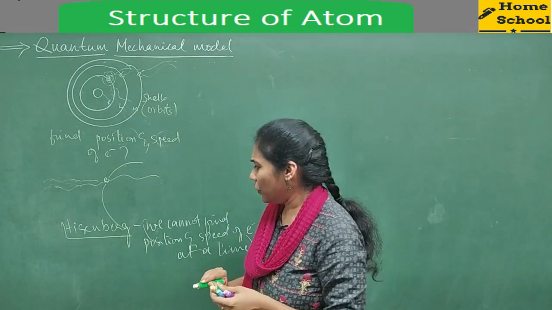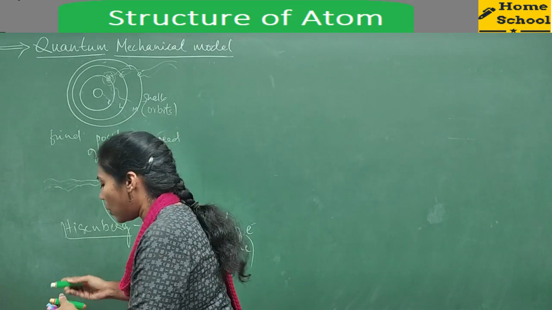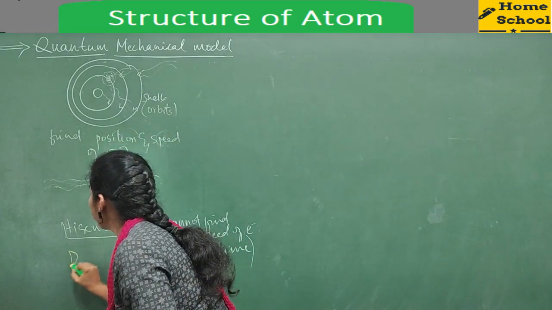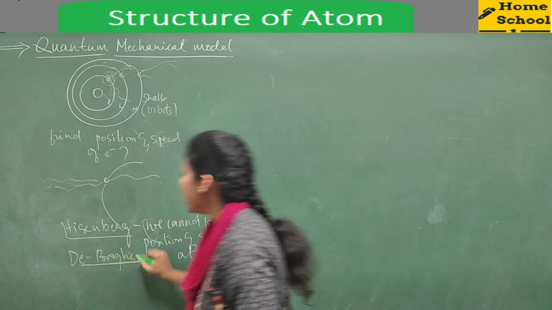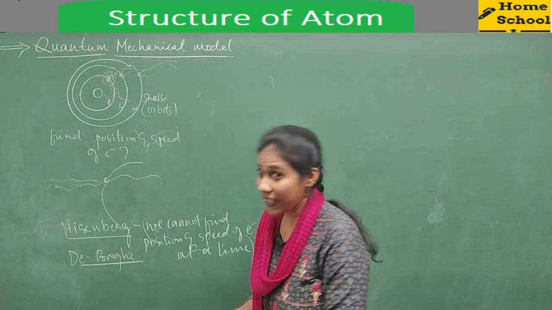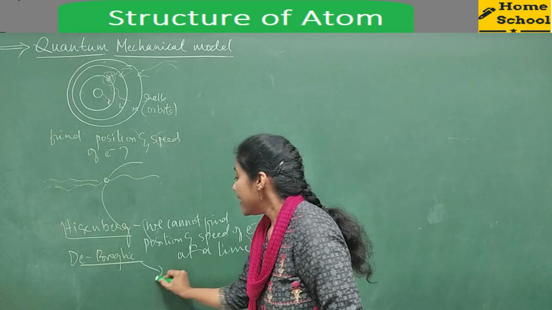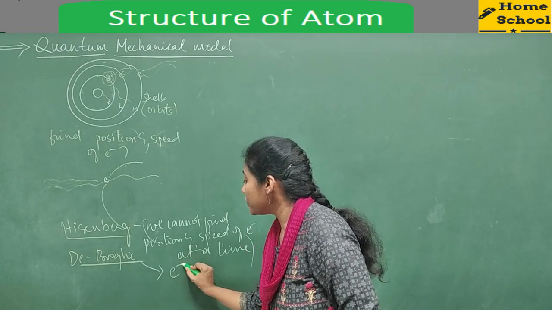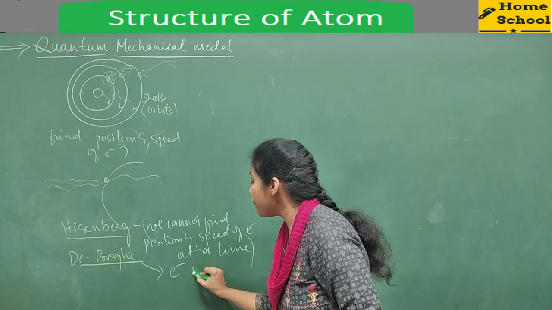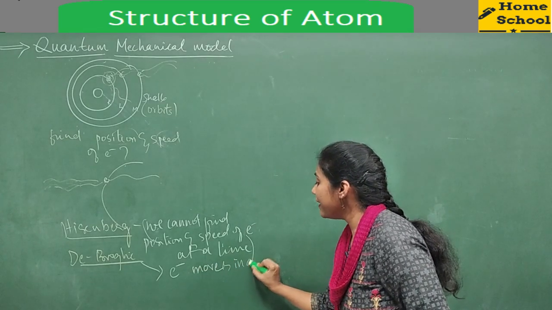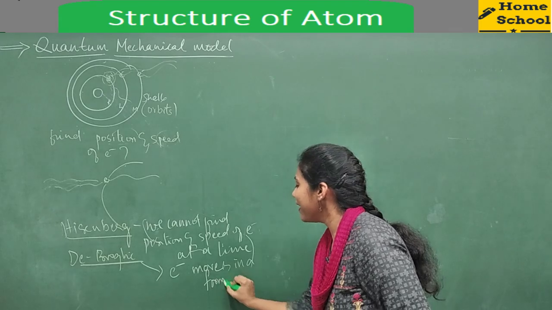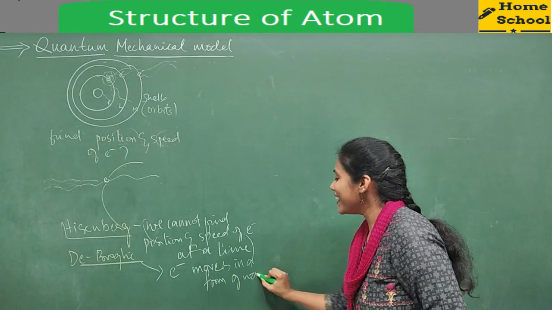And there is another person called de Broglie. And he said a very interesting thing: electron moves in the form of a wave. See here, very interesting.